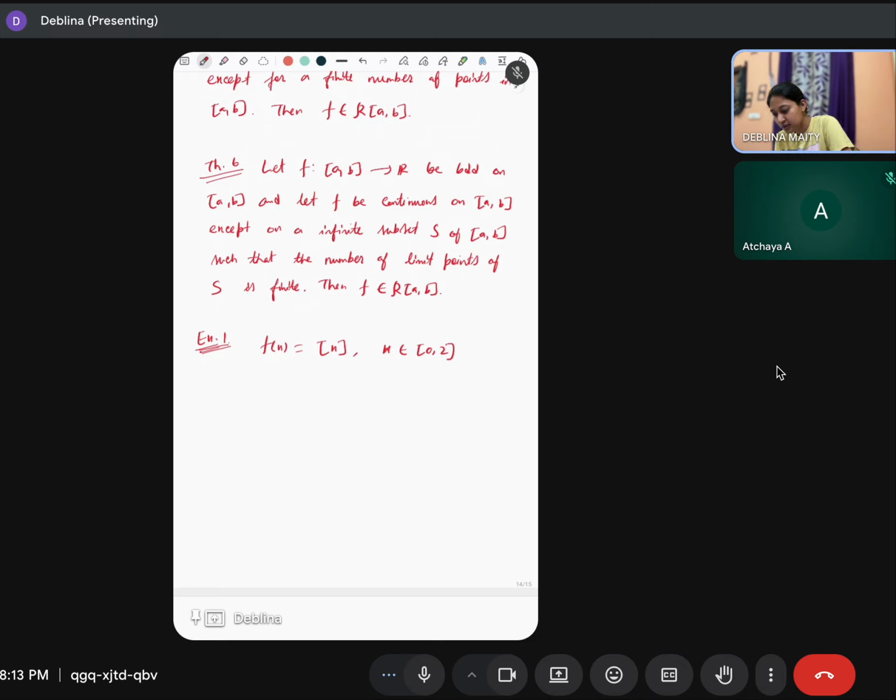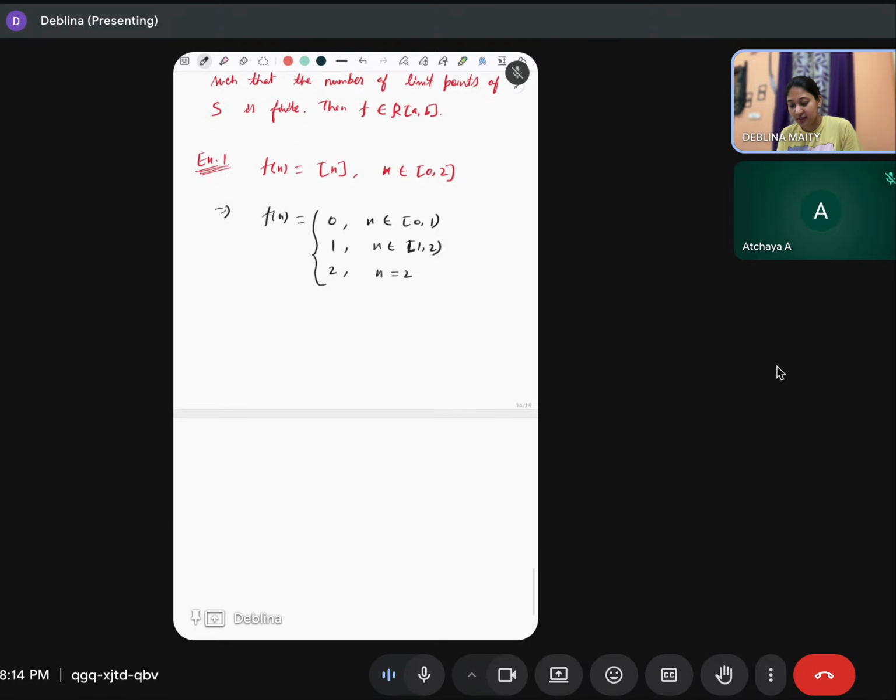So what is this function? This is actually 0 when x belongs to [0, 1], 1 when x is in (1, 2), and 2 when x equals 2, right?